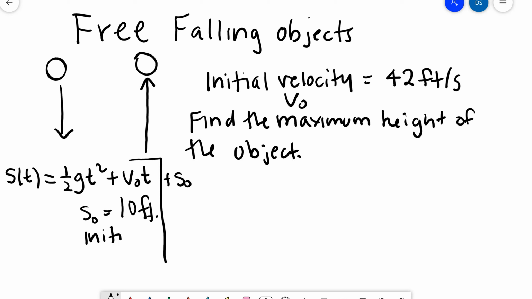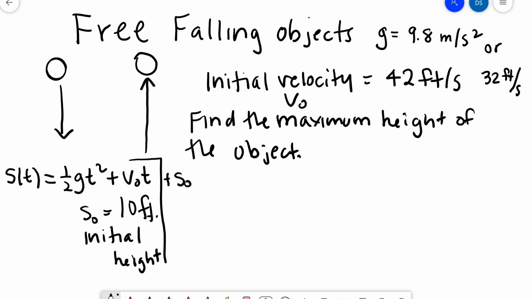And g is the gravity constant. So the gravity constant is equal to 9.8 meters per second squared, or we're going to call this here 32 feet per second squared.